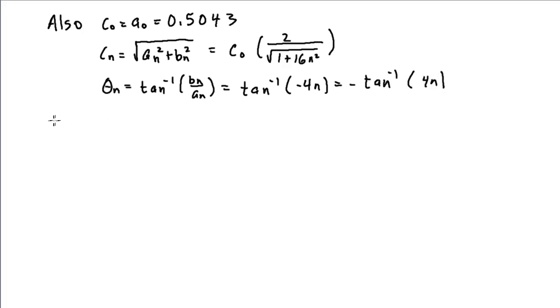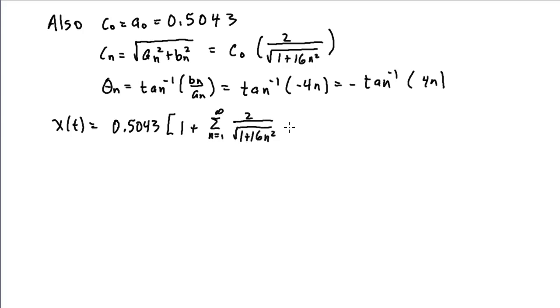Okay. So an alternate expression for x of t would be my C0 term, so 0.5043 times 1 plus the sum from n equal 1 to infinity of, got my amplitude coefficients, 2 over the square root of 1 plus 16n squared, and then cosine of 2nt, and then plus my phase terms, which are minus inverse tangent of 4n.